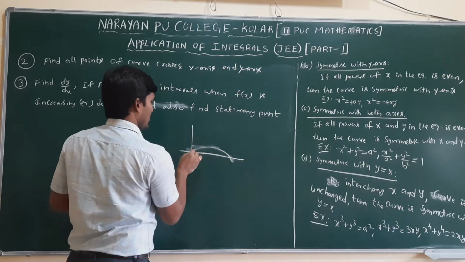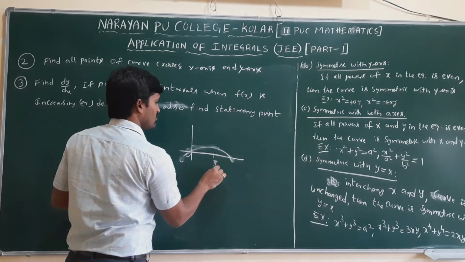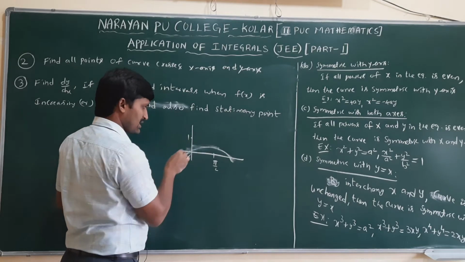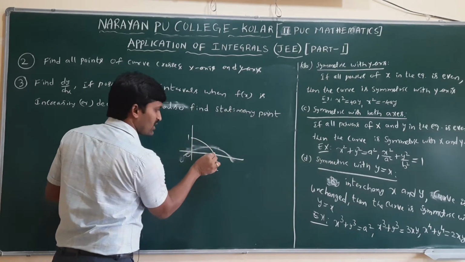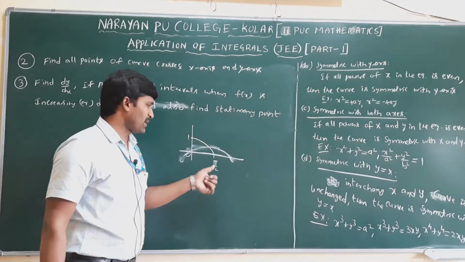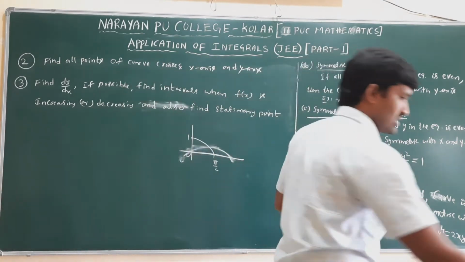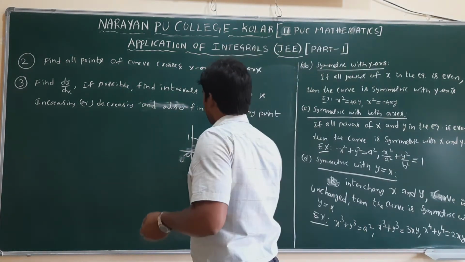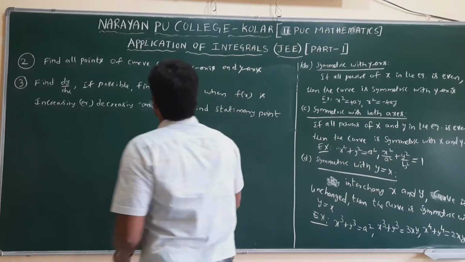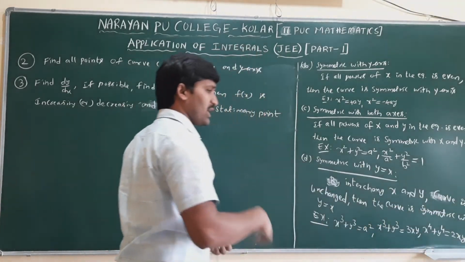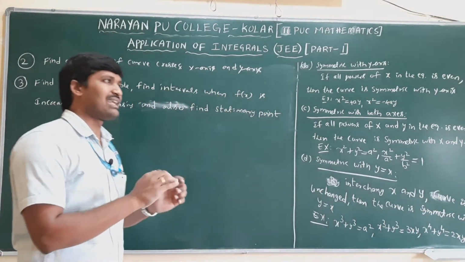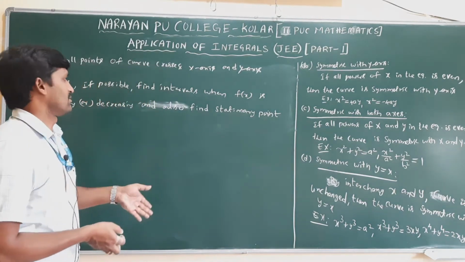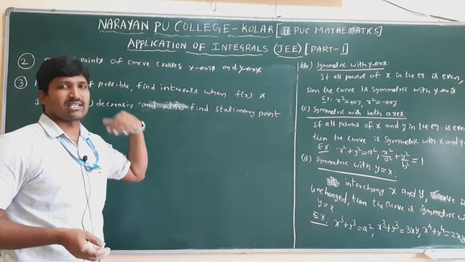Or if you take 0, pi by 2, at 0 you will get 1. What is the stationary point for cos here? Pi by 2, because at pi by 2 the function value becomes 0. Now after finding dy by dx, we need to verify in which interval it is increasing, in which interval decreasing, and also find the stationary points.